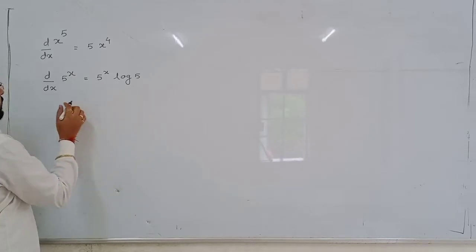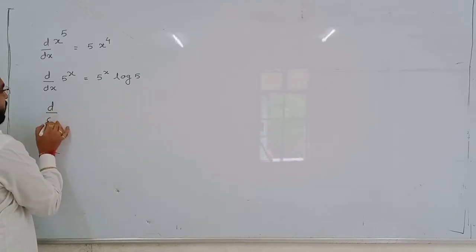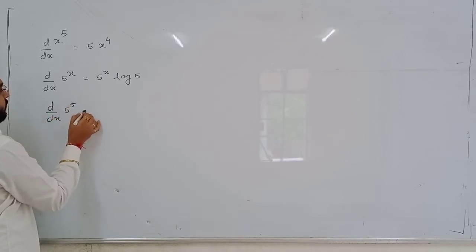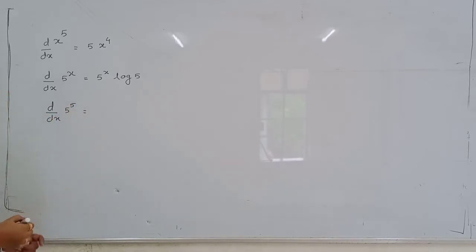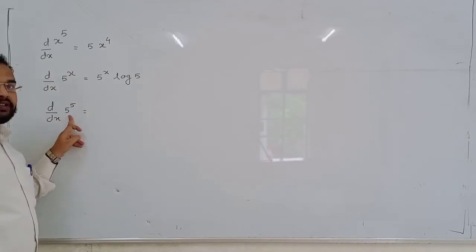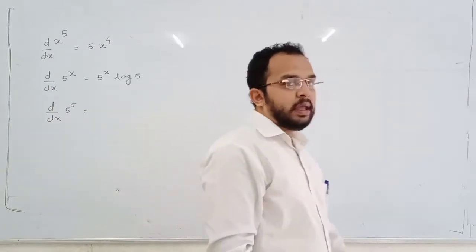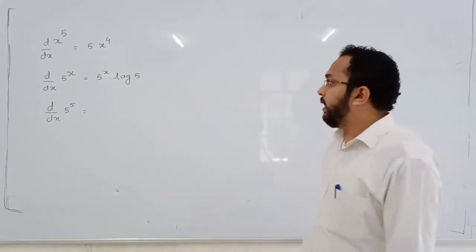Now suppose differentiation of 5 to the power 5 is asked. Out of these two, this is a polynomial function, this one is an exponential function. Tell me which type of function is this? 5 to the power 5. X is absent, right?